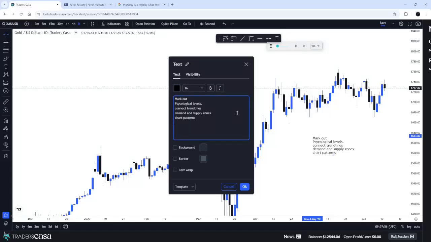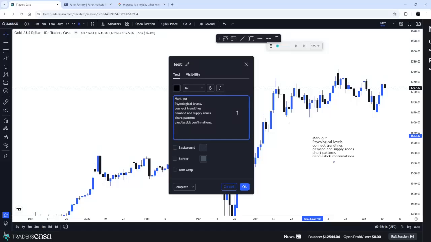After chart patterns, what do you look for? Candlestick confirmation.